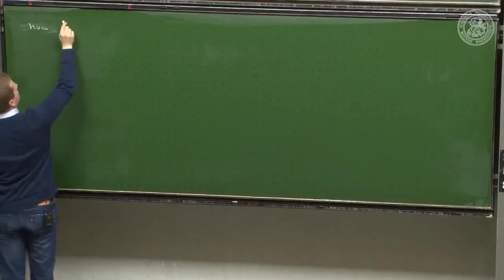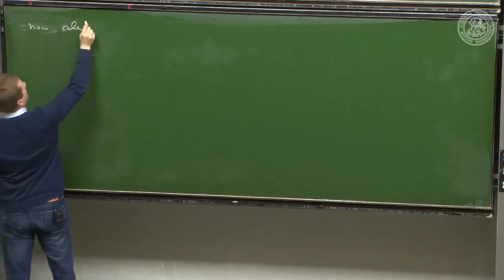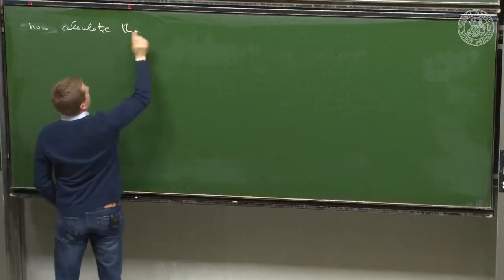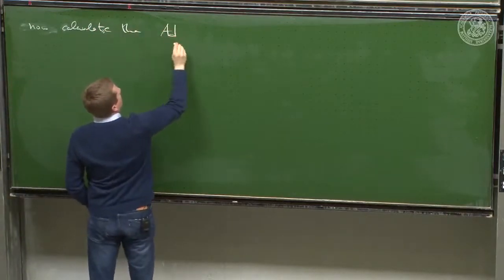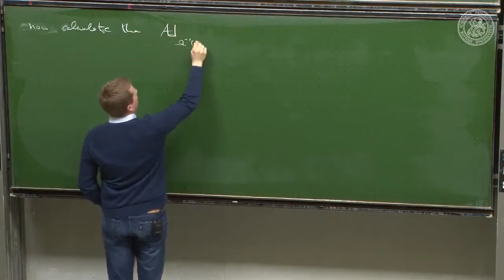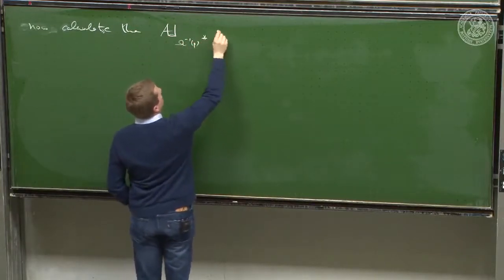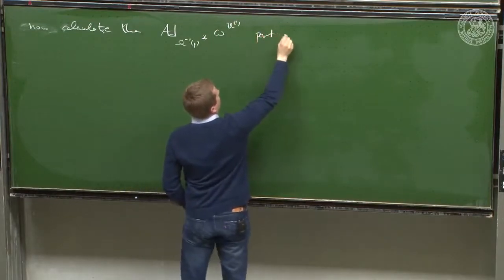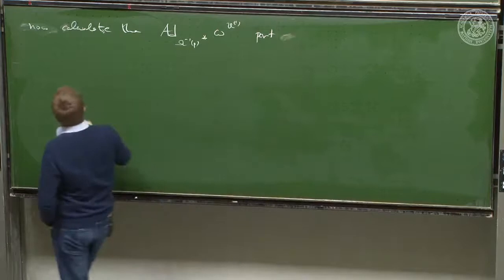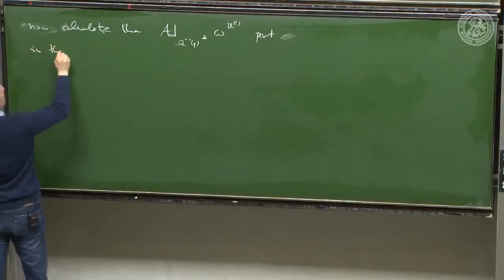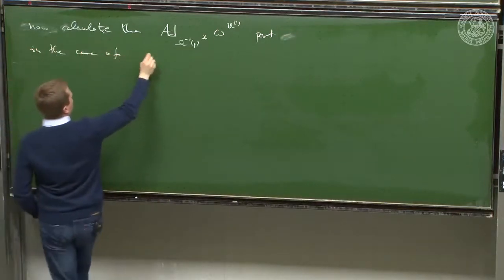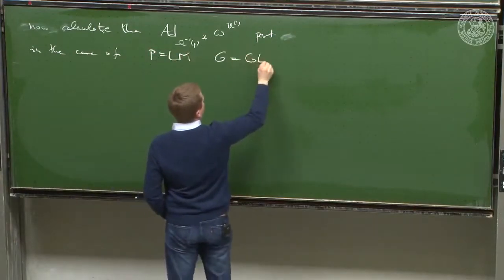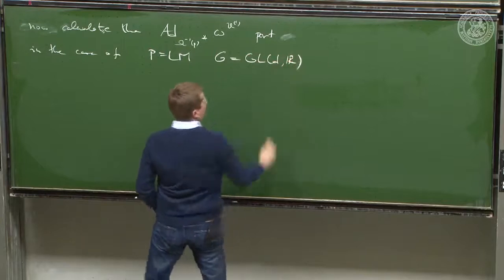Now try to understand, or now calculate, the Ad of omega inverse of p push forward of omega u1 part in the case of P equals the frame bundle and therefore G equals the GL group.